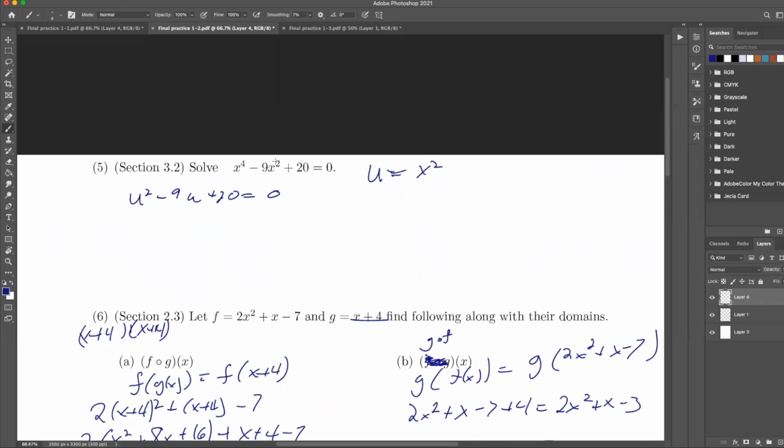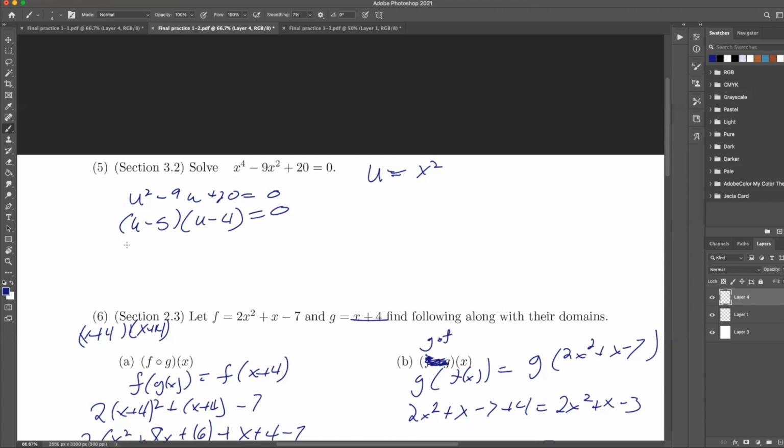So we just do this replacement. So if you see x to the fourth minus 9x squared plus 20, just make u equal to x squared. So x squared times x squared is x to the fourth. So here we can factor this, which is u minus 5, u minus 4. So notice that negative 5 and negative 4 multiply to be positive 20, but add up to be negative 9.